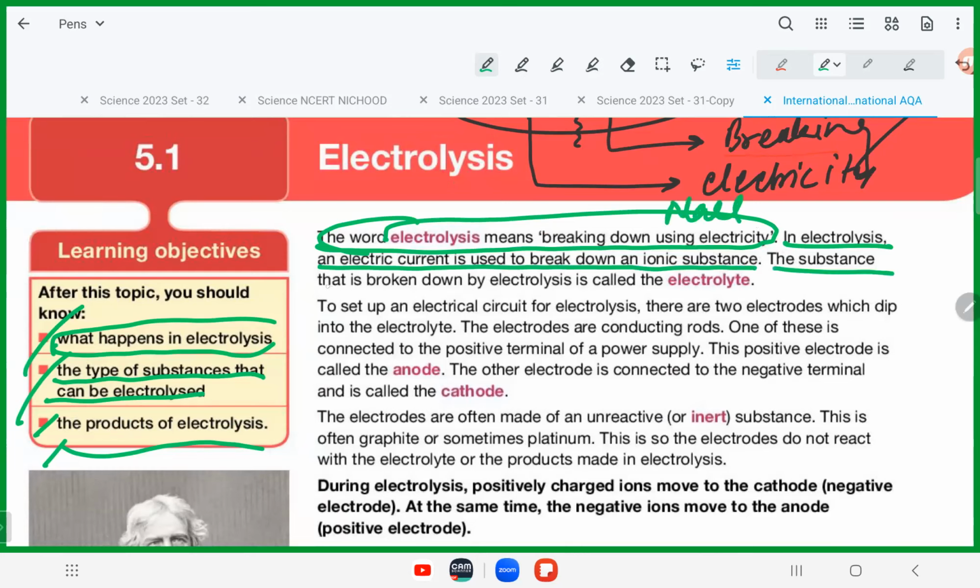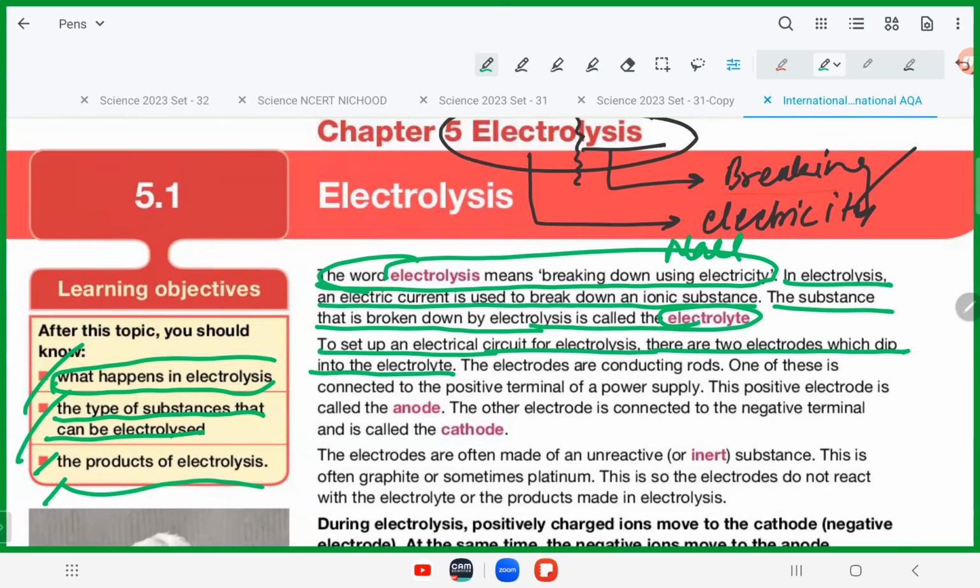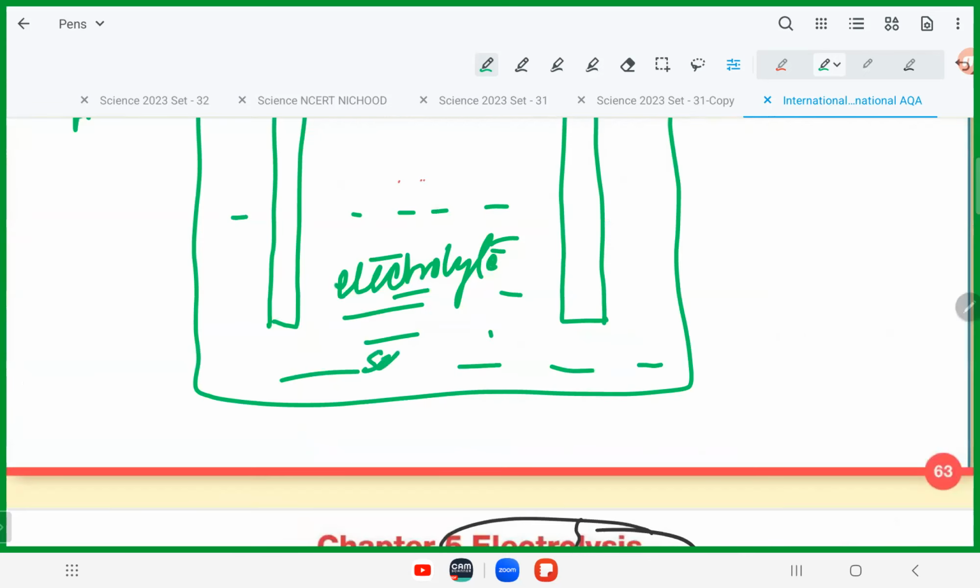The substance that is broken down by electrolysis is called the electrolyte. To set up the electrical circuit for electrolysis, there are two electrodes which dip into the electrolyte. Electrolyte means the salt solution, and two electrodes are dipped in it, right?